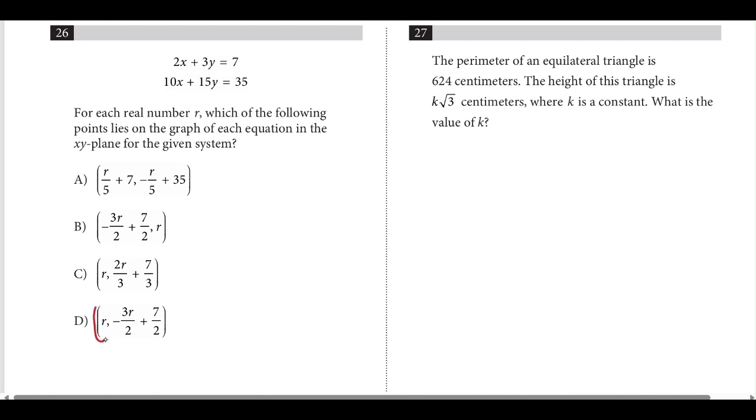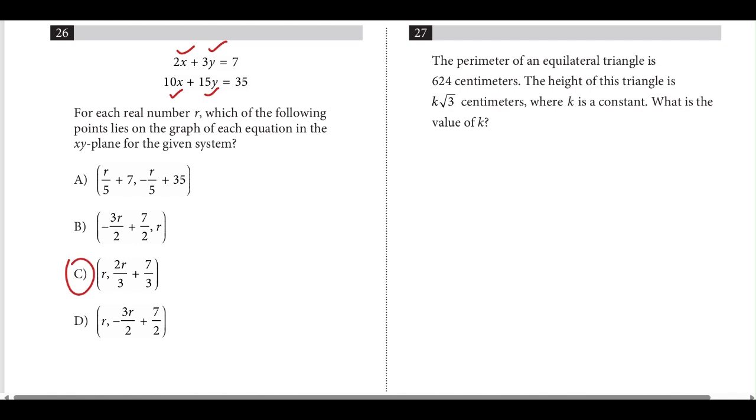For example, the different x and y intercepts go into our equation at the specific x and y, for example in the 2x plus 3y and x and y in the 10x plus 15y. And if the solutions match each other, the r matches for A, B, C, D, then it is the solution.